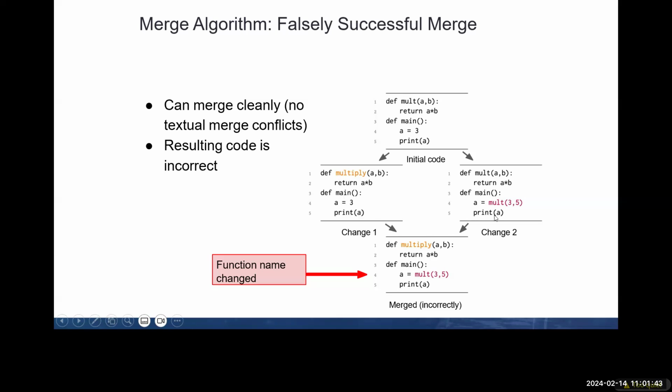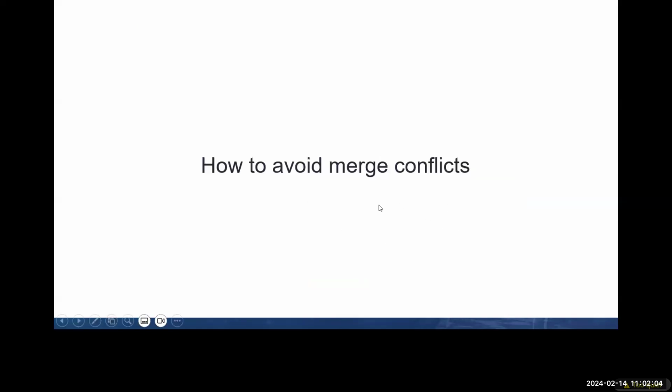However, if we are using this version of user 2, as it is merged here, it will print 15, which is 3 multiplied by 5, which is, of course, two different results, which is incorrect. So we need to fix this.